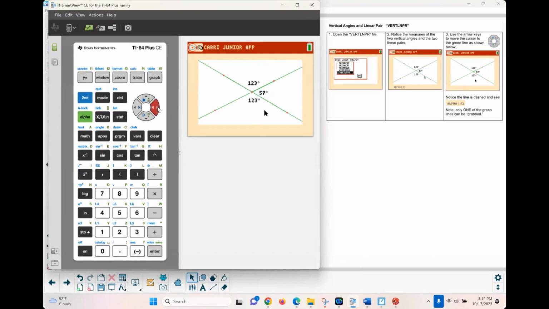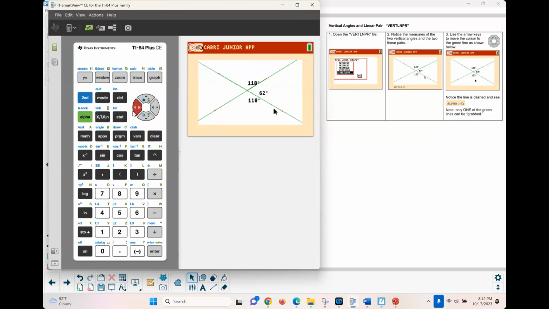And then again, you can grab that line and move it up or down, left or right, whatever, to be able to see that vertical angles are always congruent. The adjacent angles that form a linear pair are supplementary all the time, always add up to 180. I should point out, to undo the alpha, press the clear key.